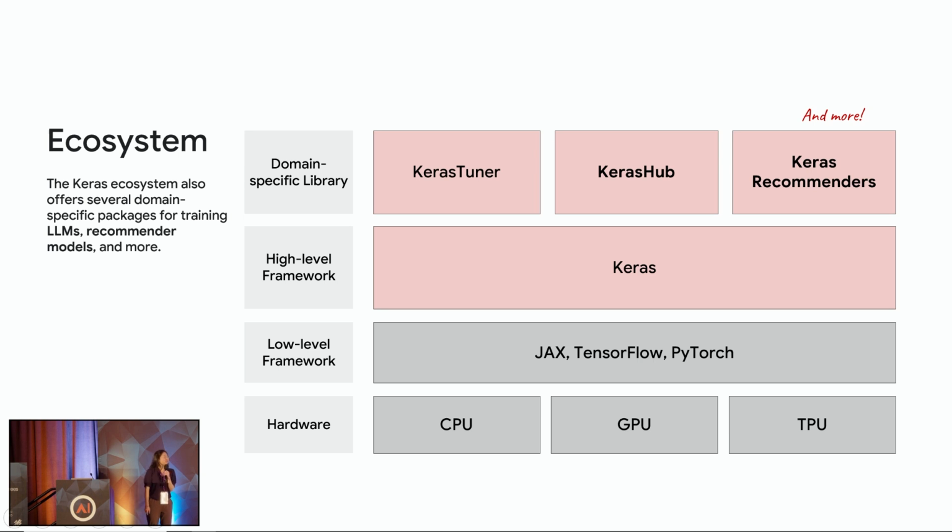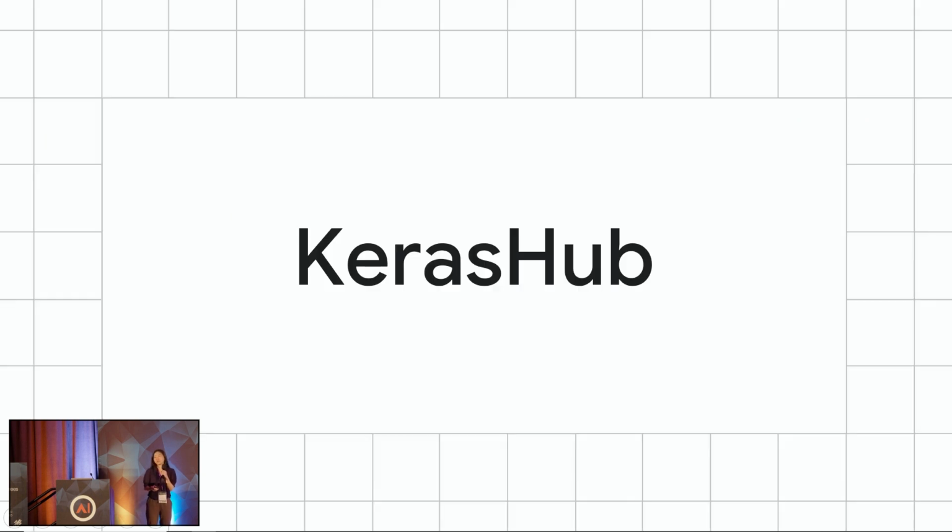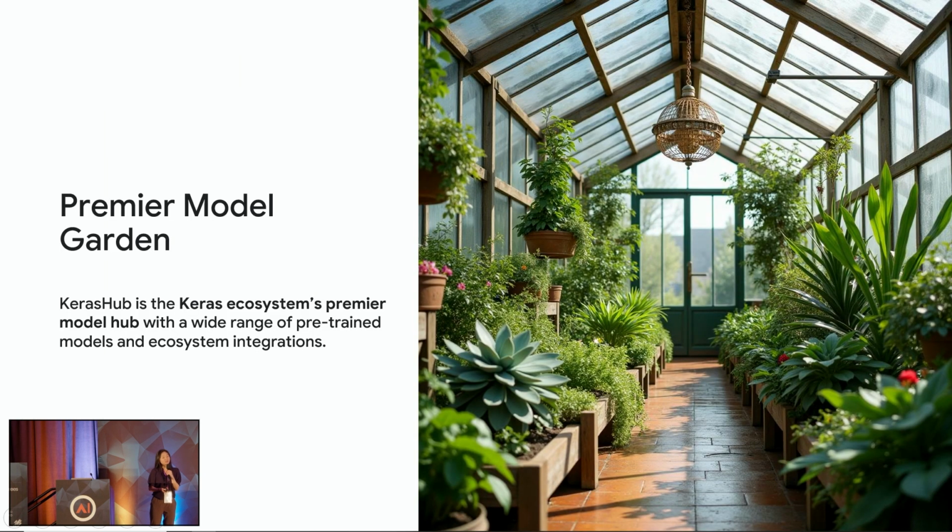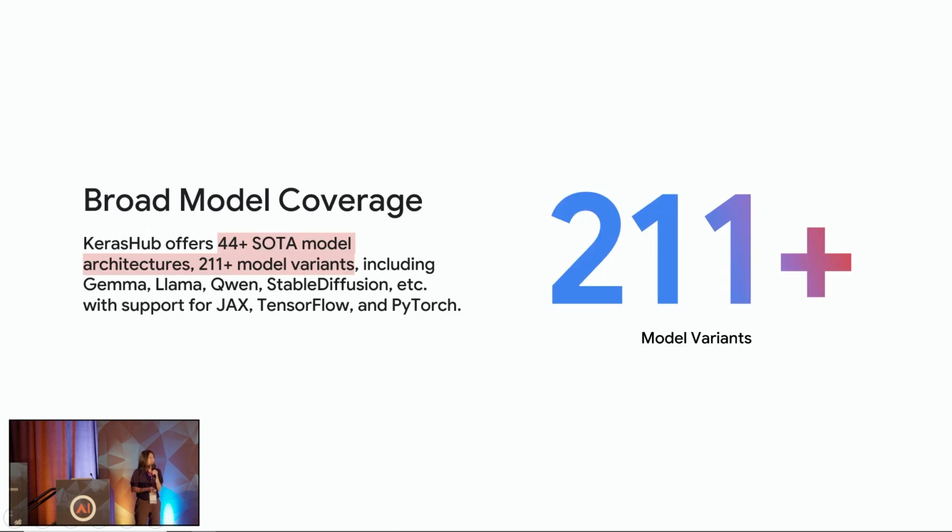Now I want to transition to talking about Keras Hub, which is our Keras model garden, which came out in 2023. It's our collection of pre-trained models that work on either TensorFlow, Keras, JAX, or PyTorch.